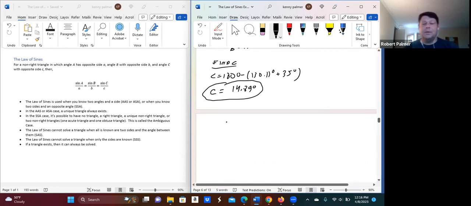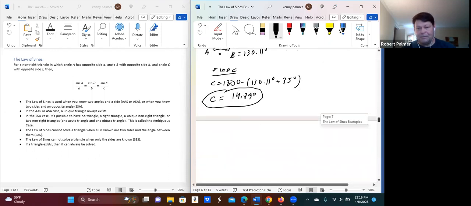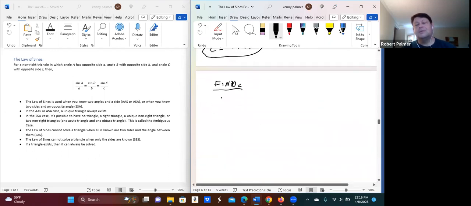Good. So then let's find small side C. Okay, that's what's left. And we'll just use C over the sine of angle C is equal to, let's use A since it's already given. So side A over the sine of angle A, and plug everything in.